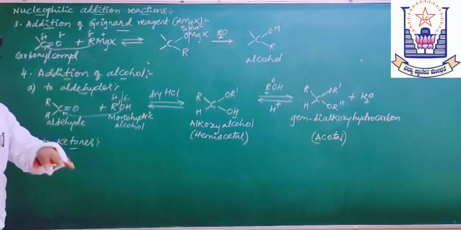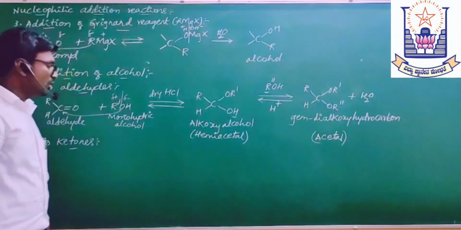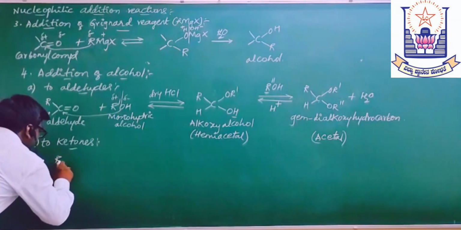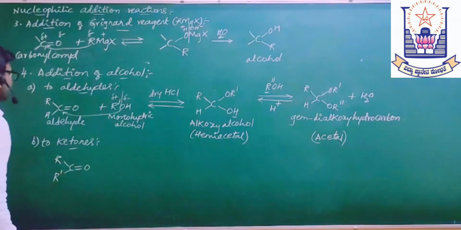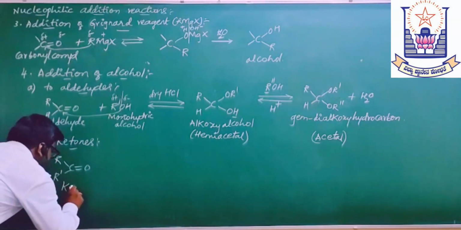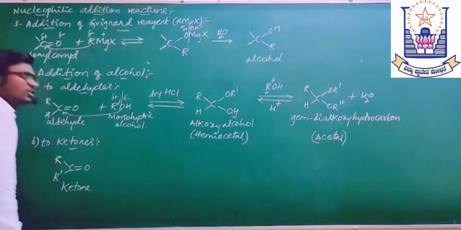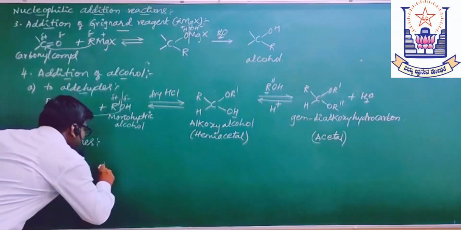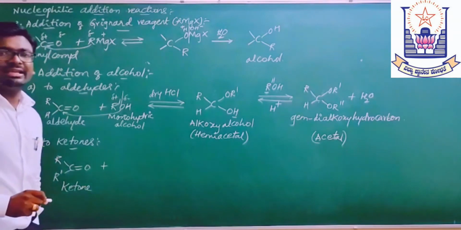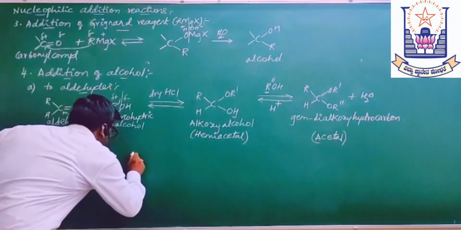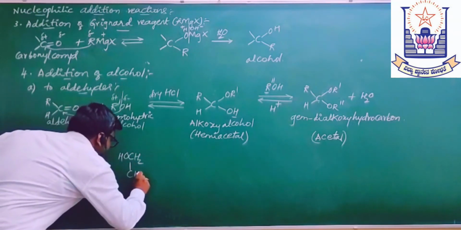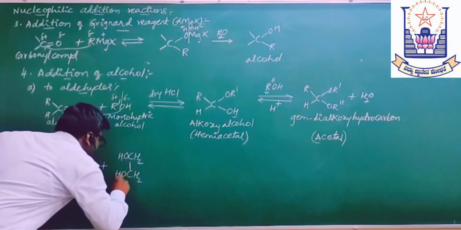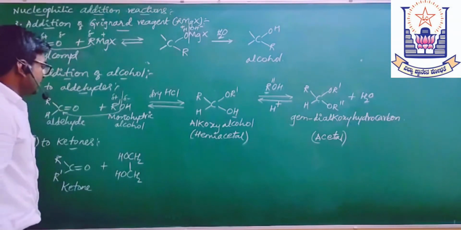Ketones generally react with dihydric alcohols. RC double bond O R dash, it is a ketone. When this is treated with a glycol, let us take ethylene glycol.